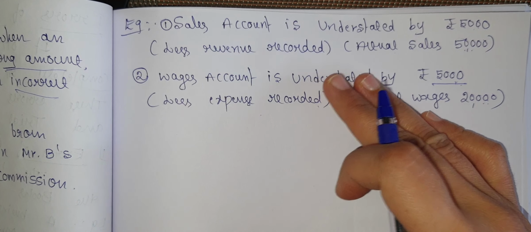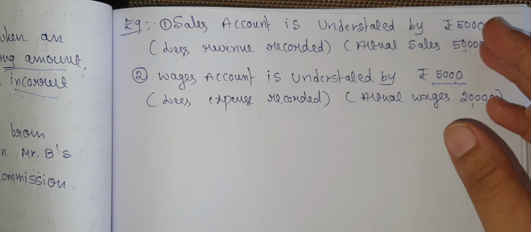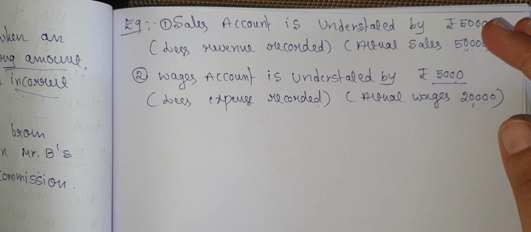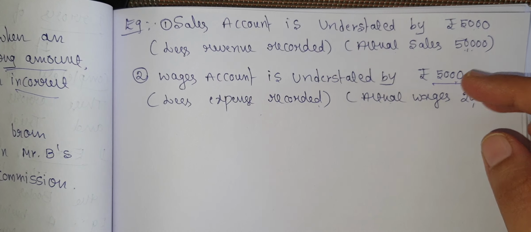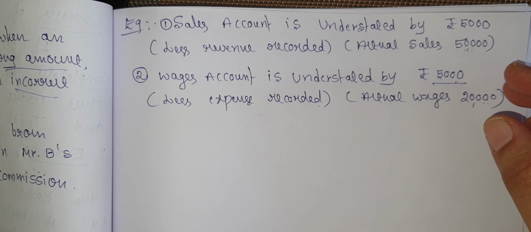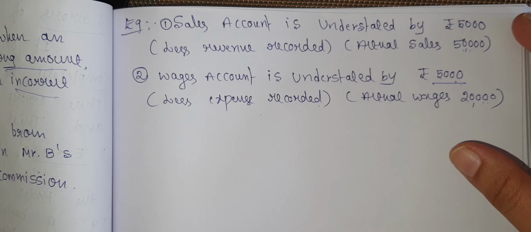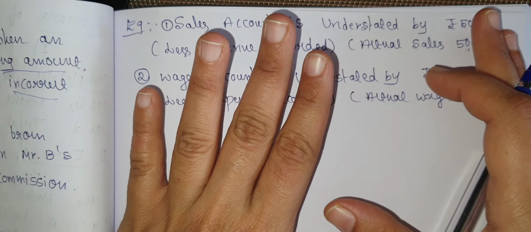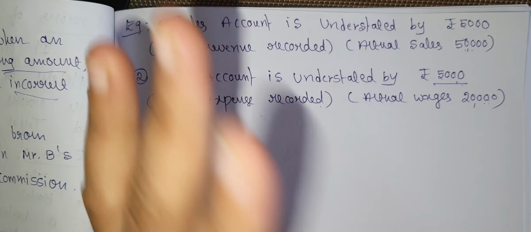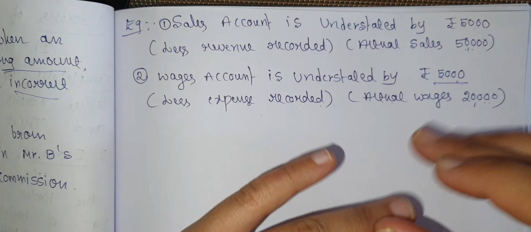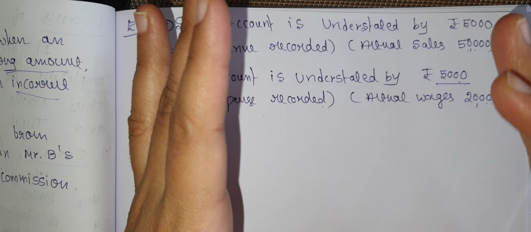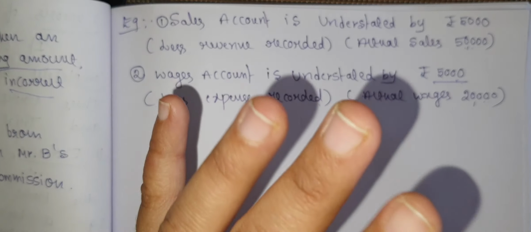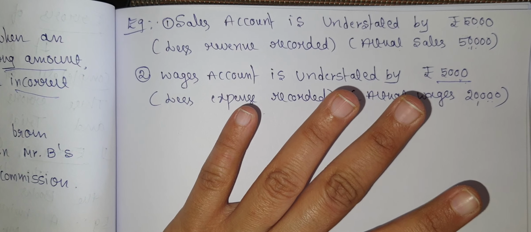Since both errors were of the same amount, the trial balance appeared correct but contained hidden mistakes.